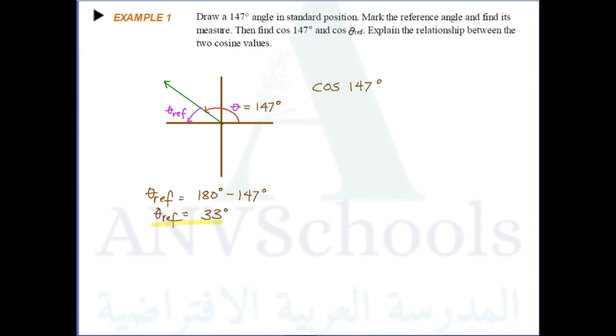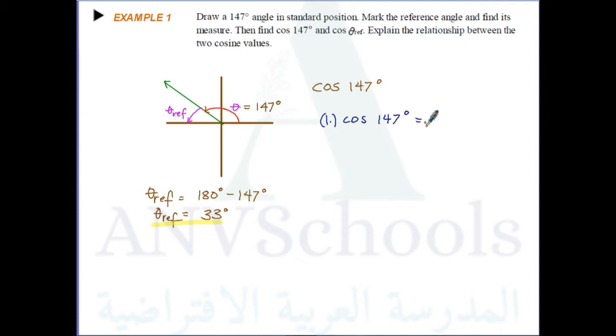Now we will evaluate our cosine of 147 degrees, and we have to evaluate this cosine of a certain degree using a calculator. So grab your calculator and press cosine of 147.